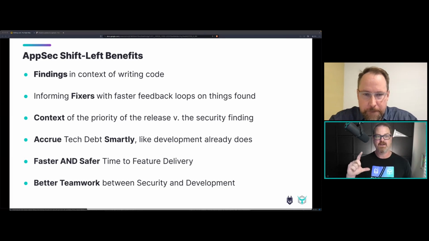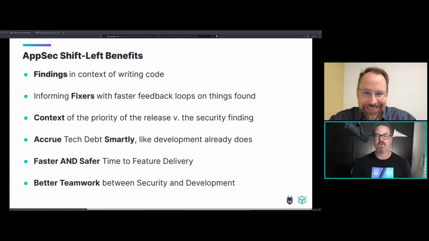And then we make champions out of our engineering team as well. They don't go, oh boy, here comes the Department of No to tell me that I can't do something again. It gives them a little more empowerment and information on what's going on so that they're aware, and the security team doesn't come off as what I like to call the security ninjas that pop out of the ceiling and go, surprise, you can't do anything now.